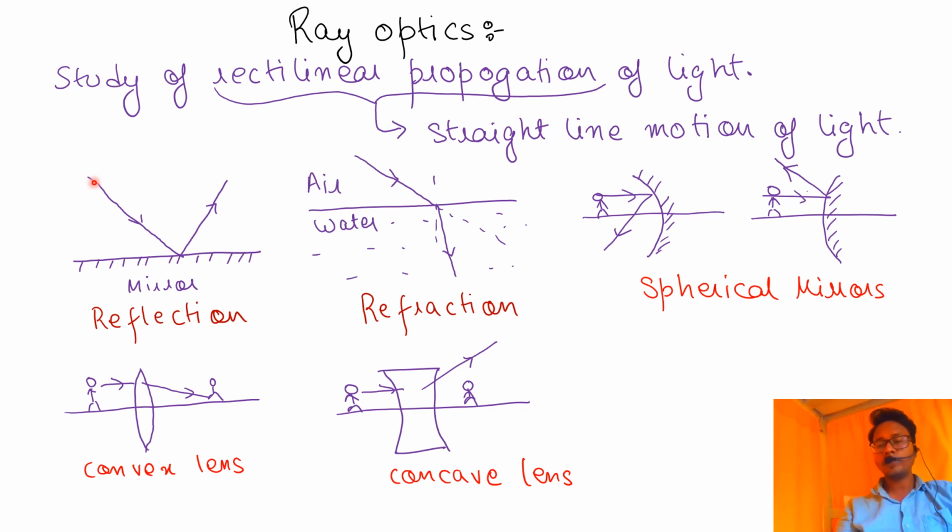Wave nature of light means the ray of light is assumed to be a wave traveling through space. So let us do a brief introduction to the wave nature of light.